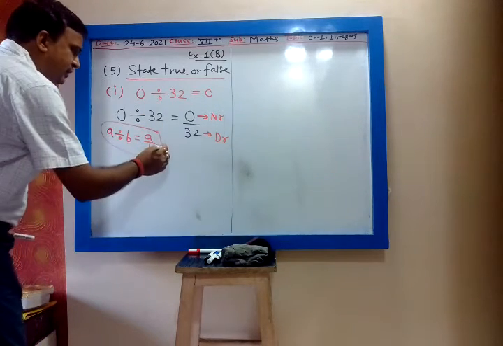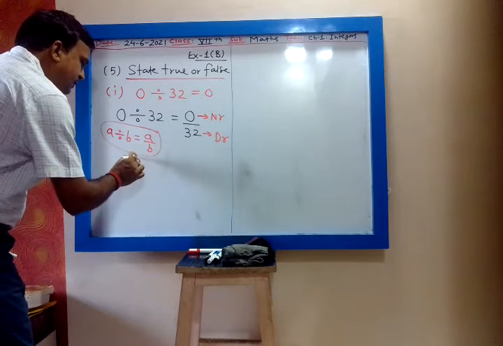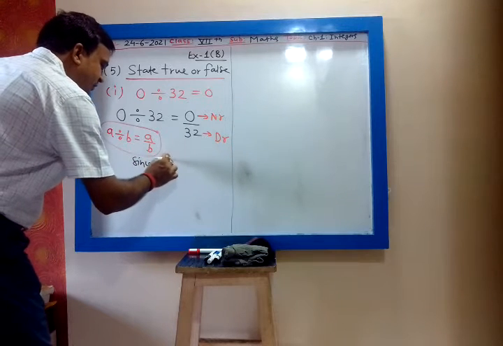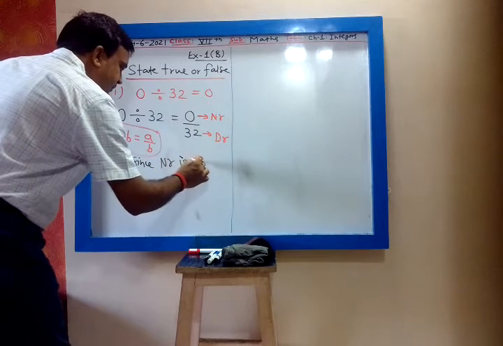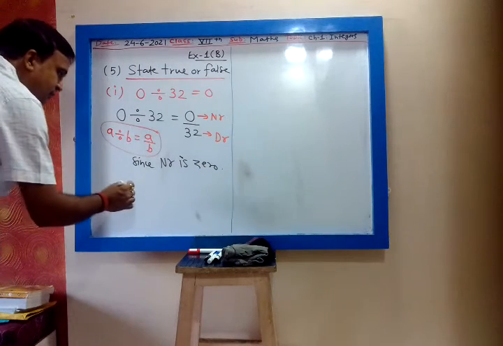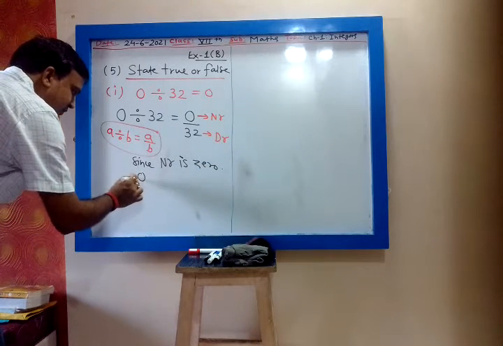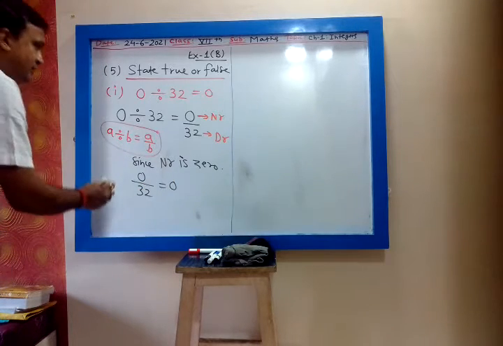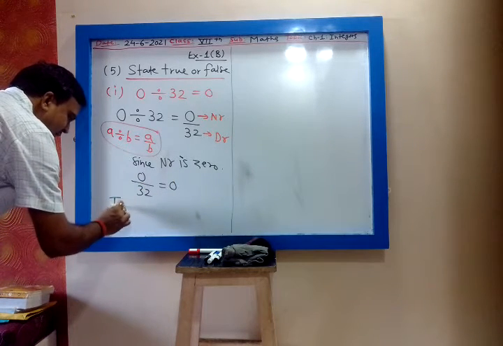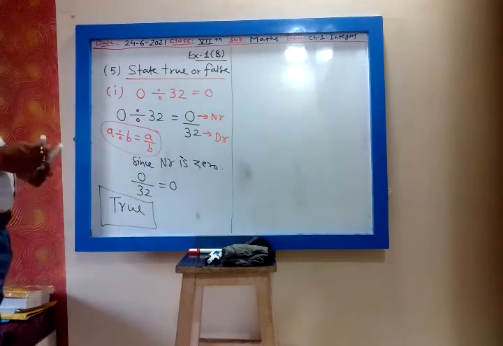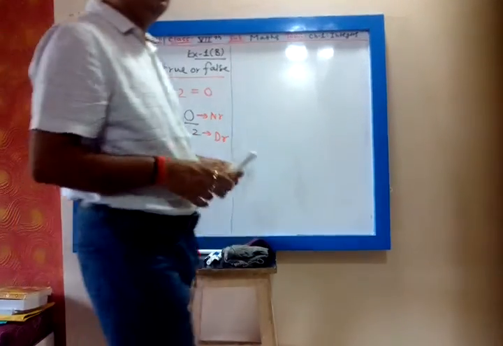And since numerator is 0, 0 divided by 32 will be 0. So the answer is true. So the given statement is true.